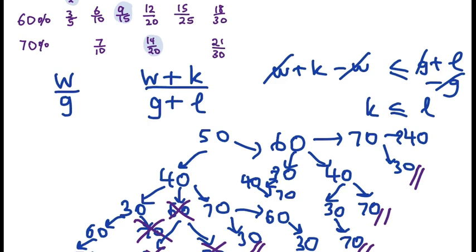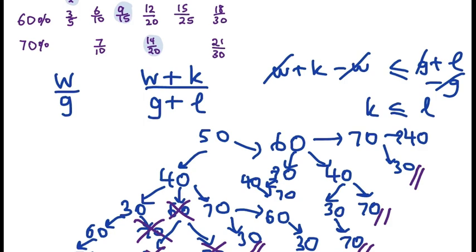What about 70 to 40? 7/10 to 6/15. Nope, that's not going to work. What about 7/10 to 8/20? Yeah, that would work. We've won a single game out of 10. Now from 8/20, can we get to 30%?